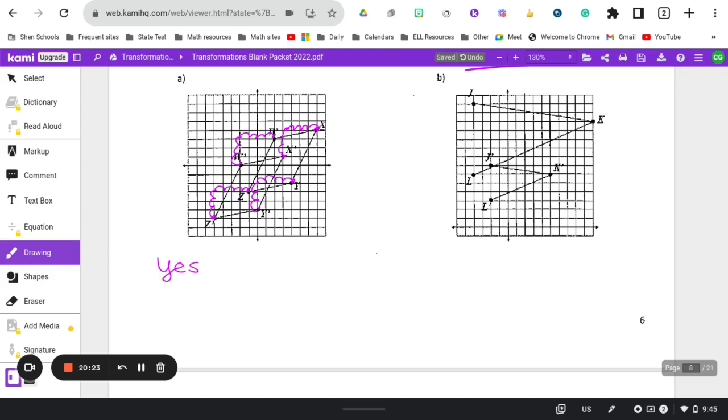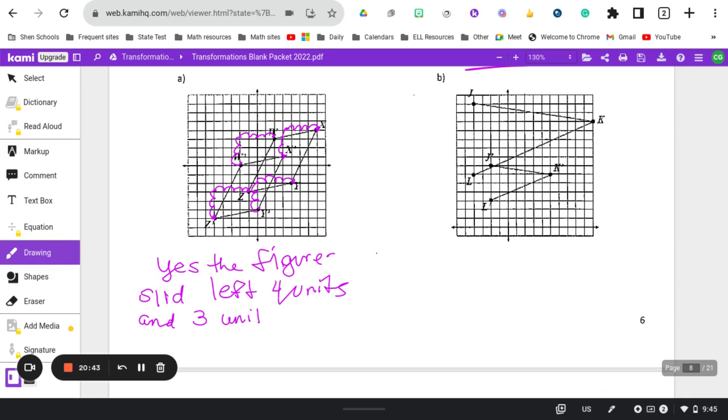So the two figures are congruent. Yes, the figure slid left 4 units and 3 units down.